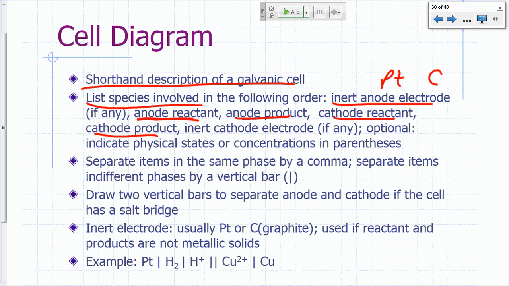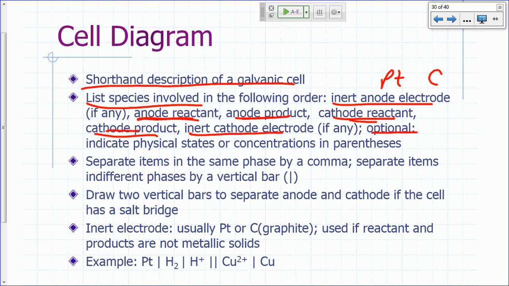So the cathode reactant is the species that is reduced at the cathode, and the cathode product is the product of the reduction. And then if you have, again, an inert electrode in your cathode, if your reaction in the cathode doesn't involve a metallic solid, then you have to put an electrical conductor there to complete the circuit.